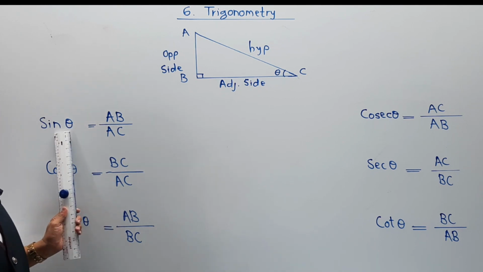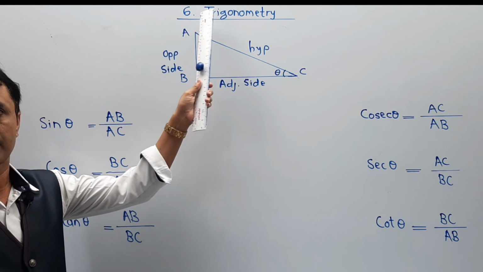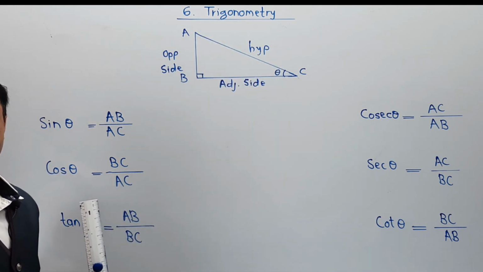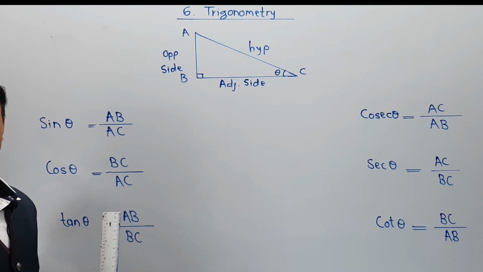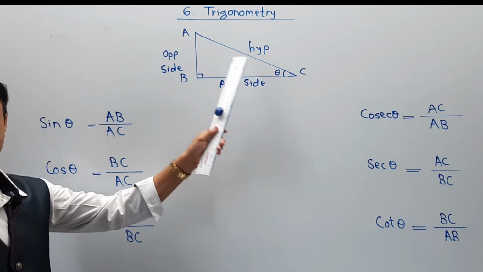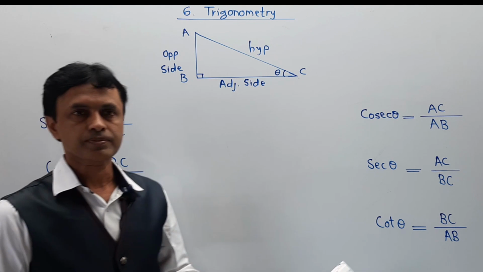Once again, sin theta is nothing but opposite side upon hypotenuse, AB upon AC. Cos theta is nothing but adjacent side upon hypotenuse, that is BC upon AC. Tan theta is nothing but opposite side upon adjacent side, AB upon BC, that we have written over here.